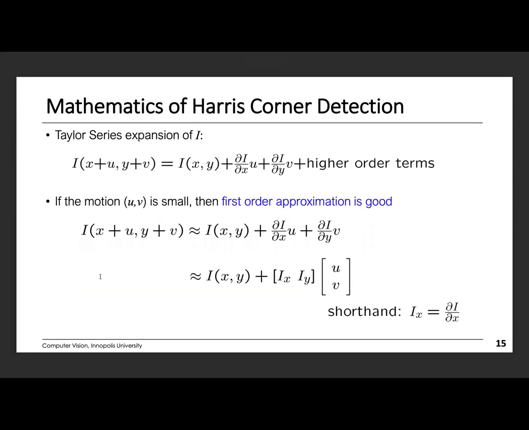So how do we simplify that a little bit? By simply saying that the image value at x plus u and y plus v is equal to the image value at x, y plus a certain derivative of it.